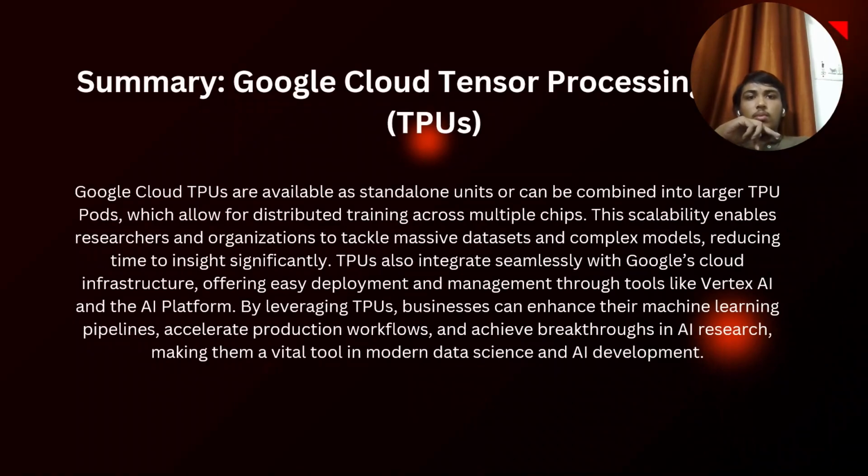So what is the summary of TPUs? TPUs are used for machine learning and will be very useful once they are at their peak performance. We know that AI is as dangerous as it is useful for us.